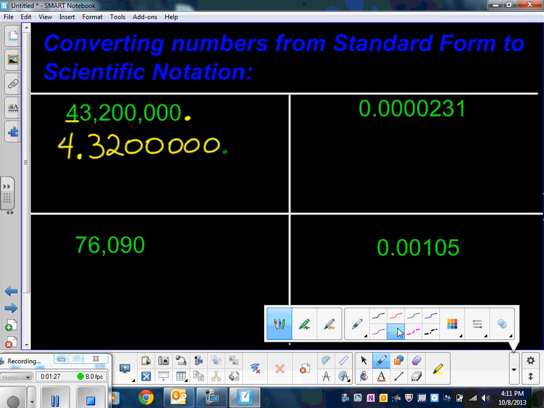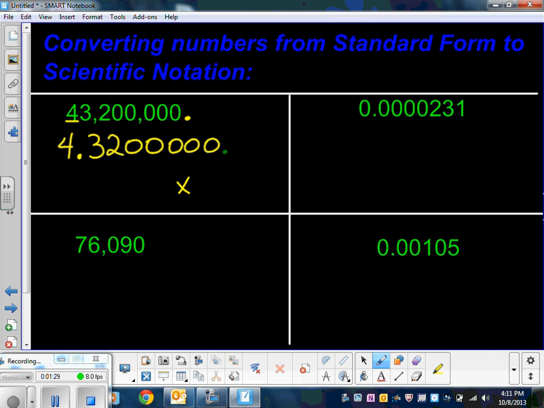Our task at this point is to try and determine the exponent that we'll be raising our base 10 to. To do that, we're going to count the number of decimal places that we move from the new decimal place all the way back to the original.